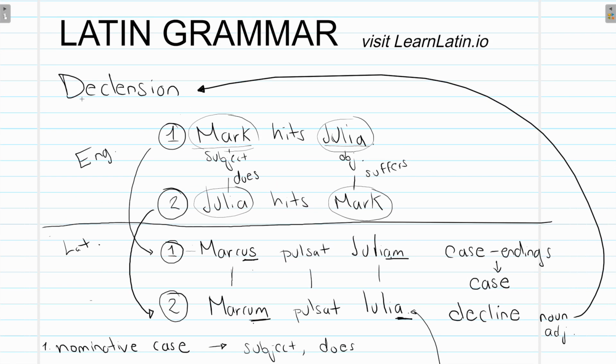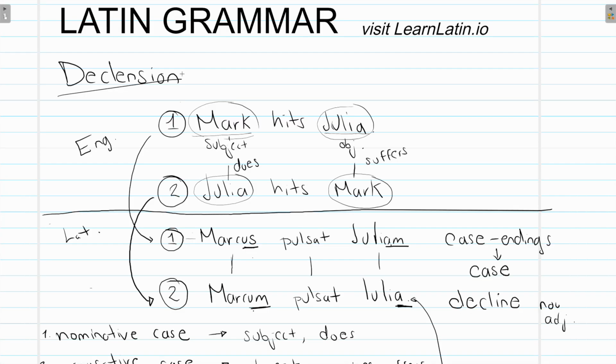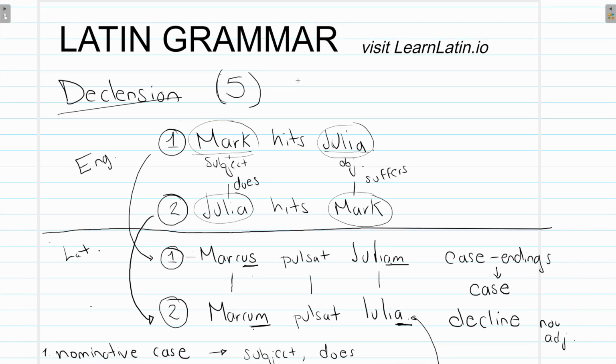And that's what we call a declension. Finally, let me anticipate that in Latin there are 5 declensions. That is, 5 sets of case endings for 5 categories of nouns. And we call them simply first, second, third, fourth, and fifth declension. But that's a topic for another lesson.